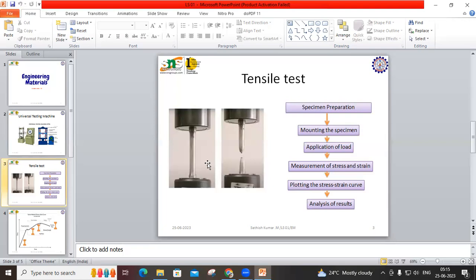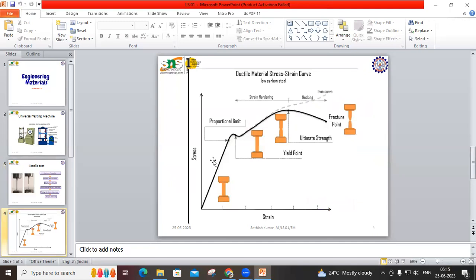In general, tensile testing is widely used in material science, engineering, and manufacturing industries to evaluate and compare the mechanical properties of different materials, ensuring quality and guiding material selection for specific applications. We'll go to the next slide, where a tensile test has been conducted on low carbon steel and a plot is generated.